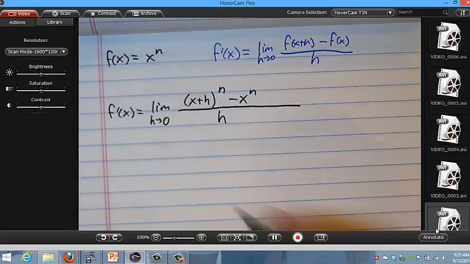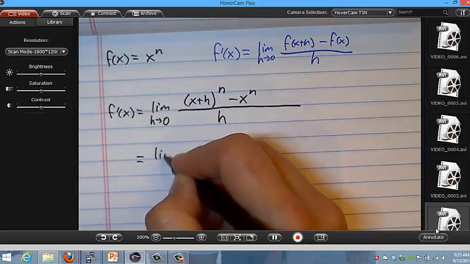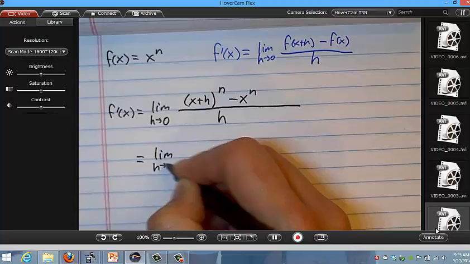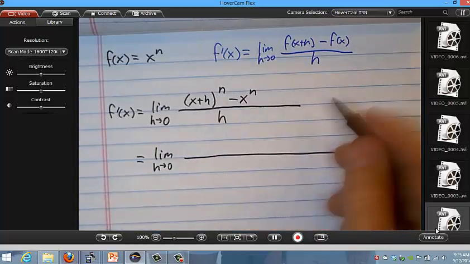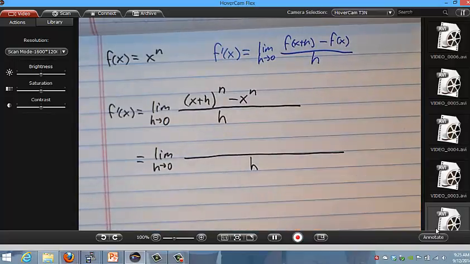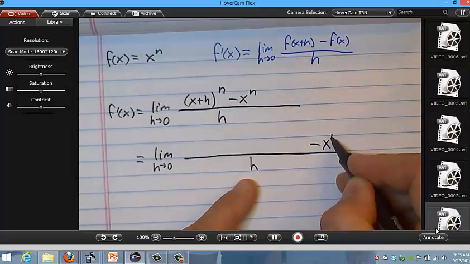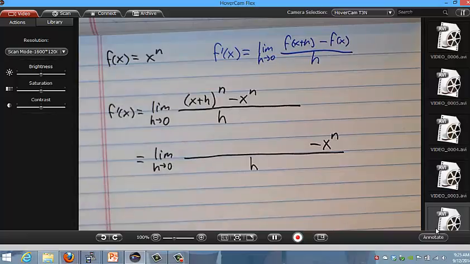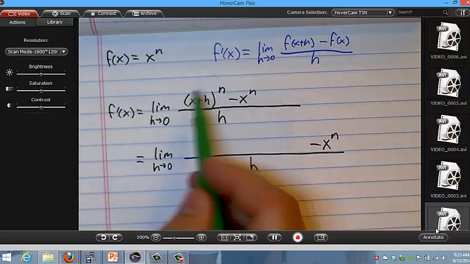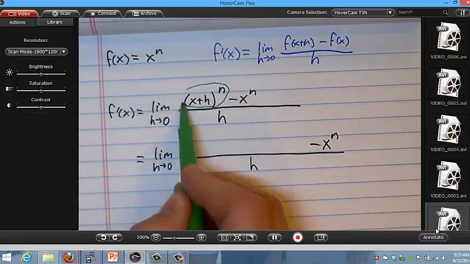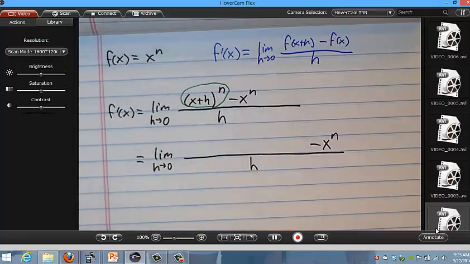If you remember what I did last time with x to the fourth, I did a big expansion, and I put the h there. I always like to write this part next because that's easy. The hard part usually is to write this in some other form so that I can simplify.